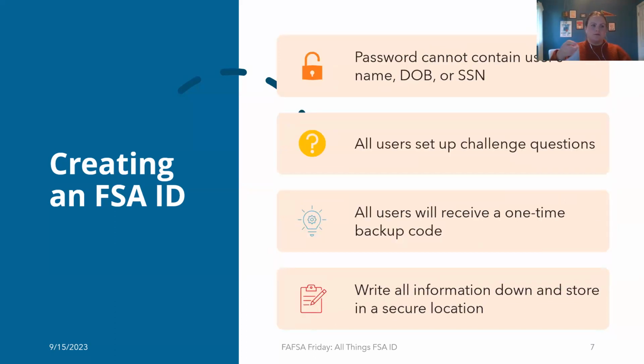Some more related to setting up the FSA ID. When users get to the point where they're setting up their passwords, that password cannot contain any piece of the user's name, date of birth, or Social Security number. The Federal Student Aid website has pretty stringent requirements for the passwords and what they expect to be in there and not be in there.